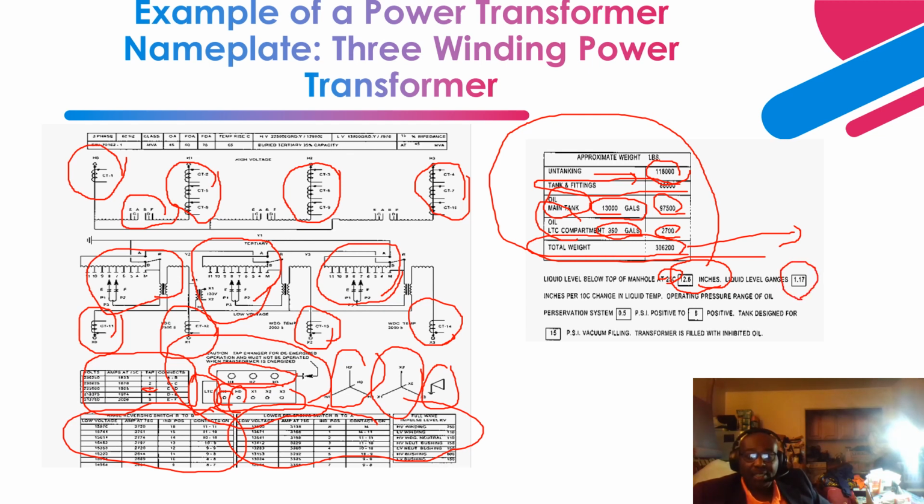So this one is saying 1.17 inches if you have a temperature change of 10 degrees Celsius, let's say the transformer picks up load, right? The oil heats up, expands in volume, right? So it's going to change by this amount based on a 10 degrees Celsius change.